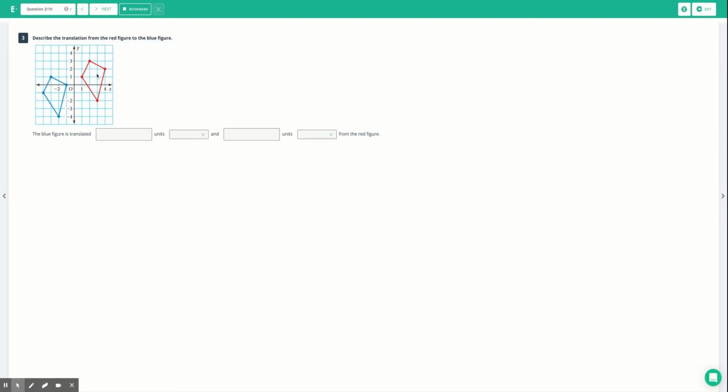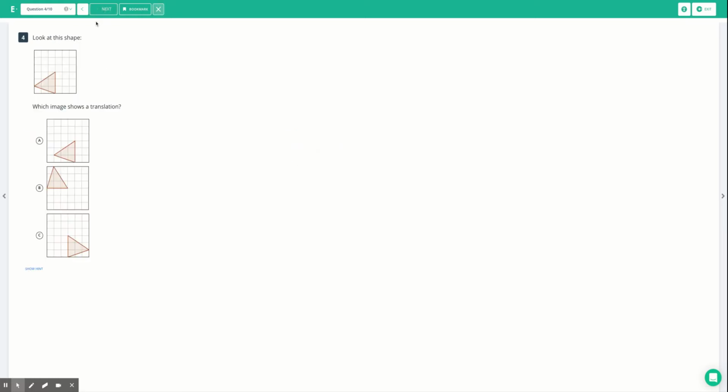To go from red to blue, I'm going to pick a point, locate its corresponding point, and see what I did. On this one, I moved 1, 2, 3, 4, 5 spaces to the left and 2 spaces down. So the blue figure is translated 5 units left and 2 units down.